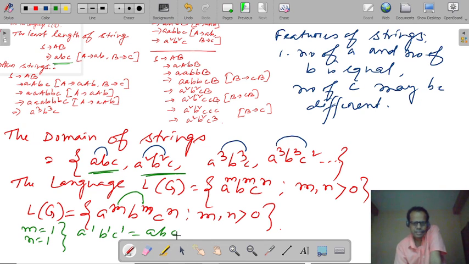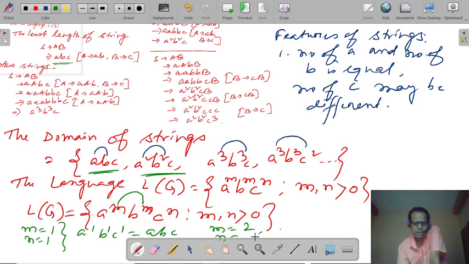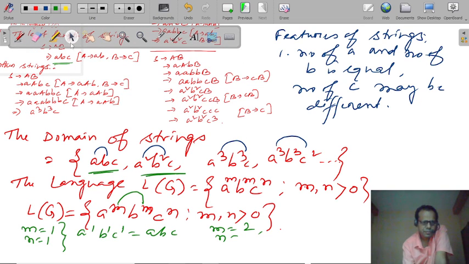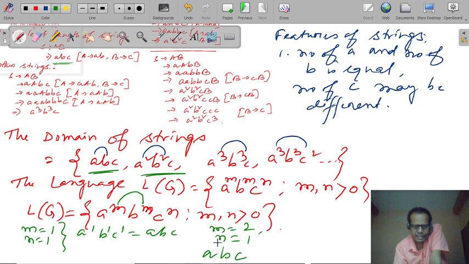Next one, how will this string be generated? If you consider m equal to 2 and n equal to 1, then we get A to the power m, B to the power m, that is A square, B square, and C to the power 1, that means C. That is basically A square, B square, C, that string will be generated.